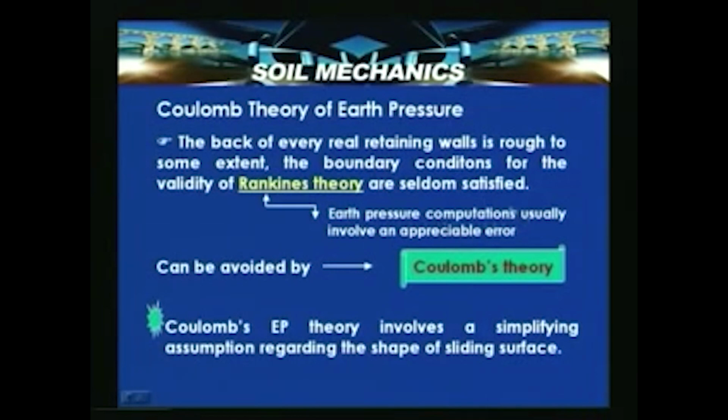Earth pressure computations usually involve an appreciable error if we use Rankine's theory, which assumes negligible friction at the wall-soil interface. This can be avoided by adopting Coulomb's theory. Coulomb's theory involves a simplifying assumption regarding the shape of the sliding surface; a sliding surface is assumed.